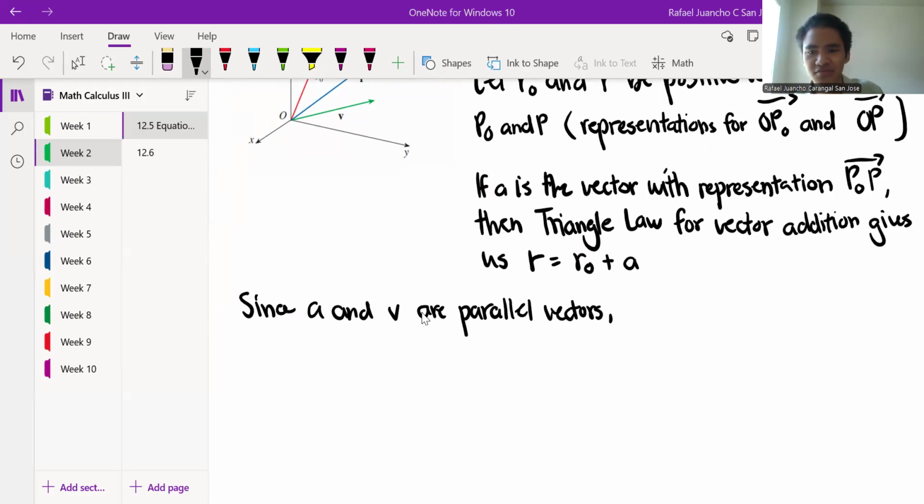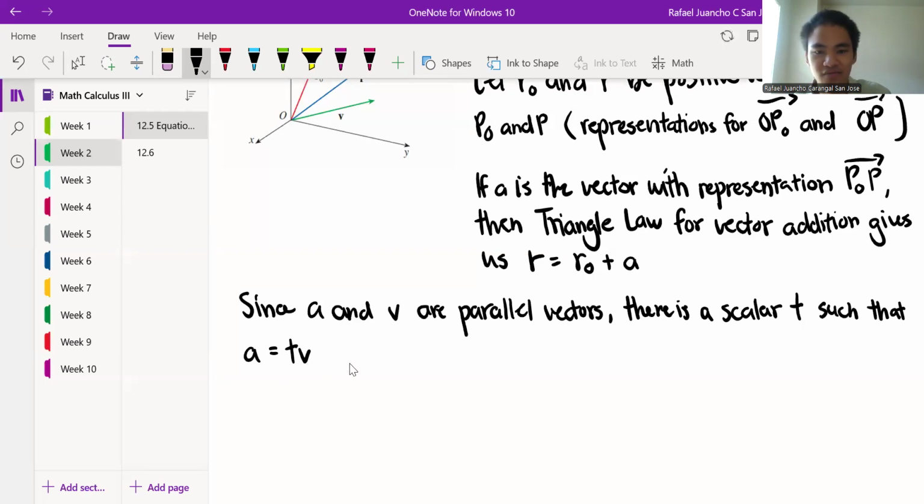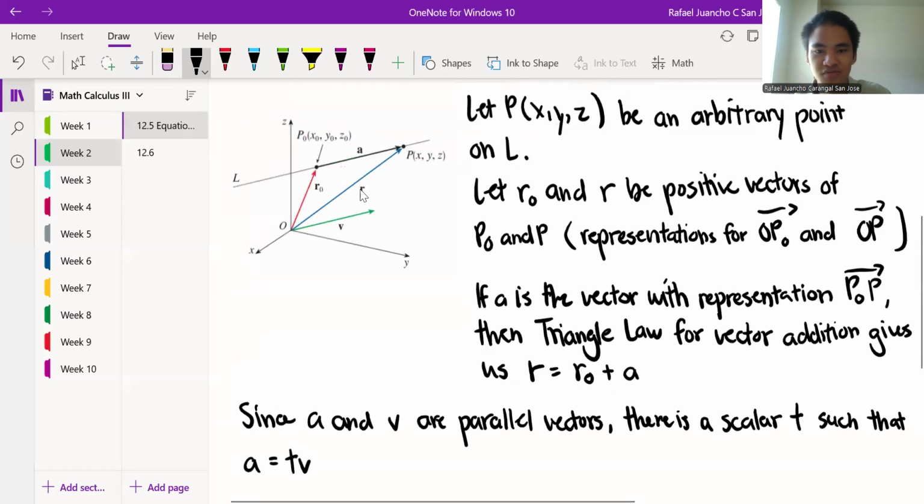There is a scalar that changes the length or magnitude of a vector. So let's just name it T. Don't know why they didn't name it C, but there's a scalar T such that A is equal to T times V. We're scaling V by T, which will give us A, right?